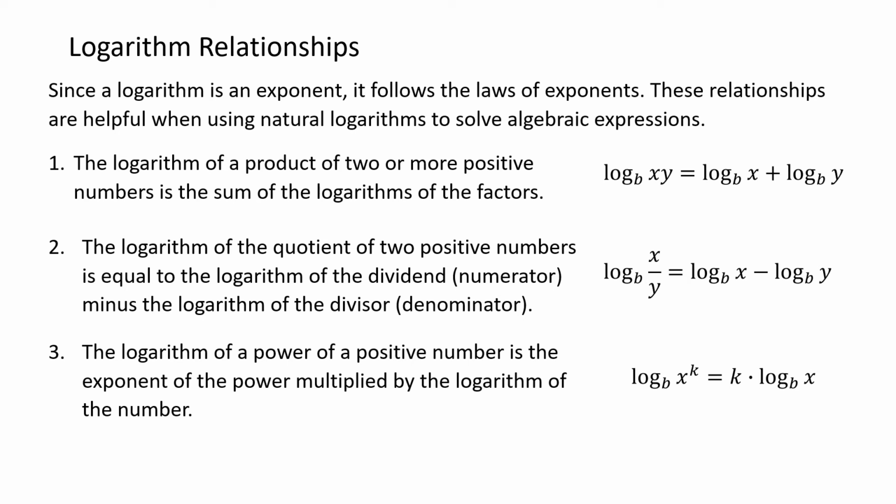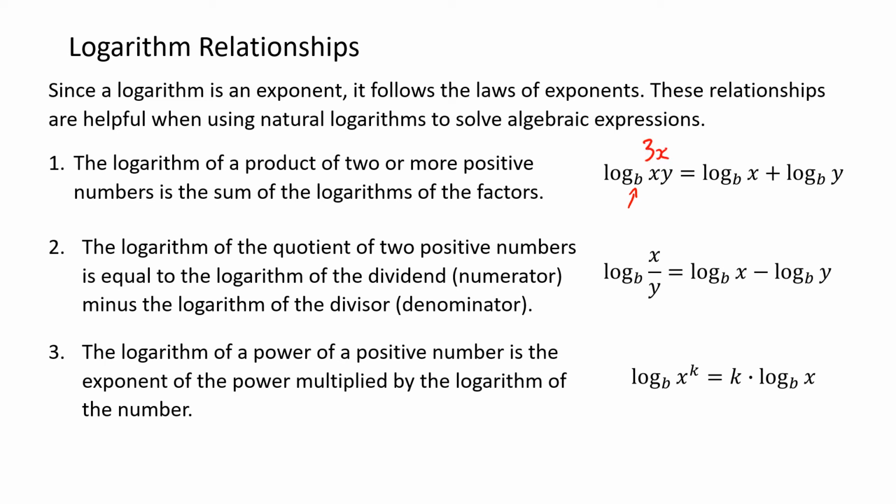So I'm going to start with, if you have two terms multiplied together, let's say you have the log, and I write base b because that could be any base. Doesn't matter if it's base 10, which is our common one, or if it's 2 or 4 or whatever it is. And you have two items multiplied together, x and y. Let's say it's 3x.